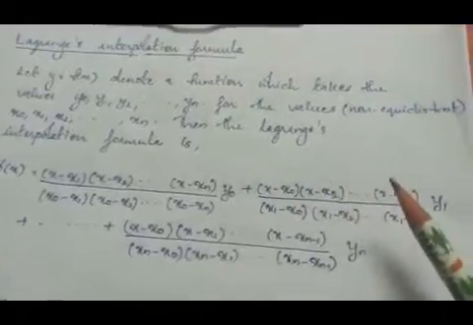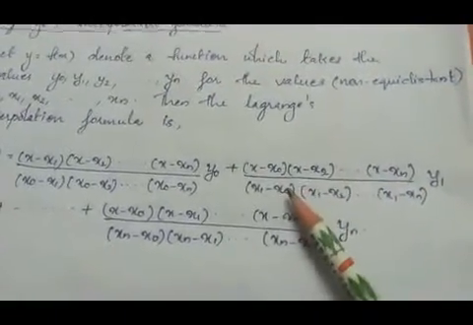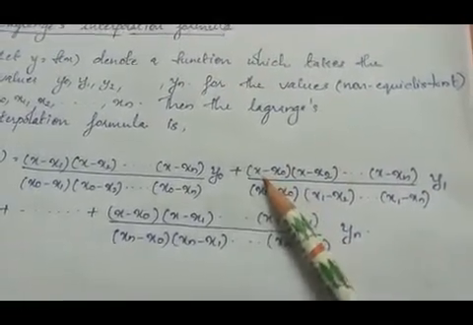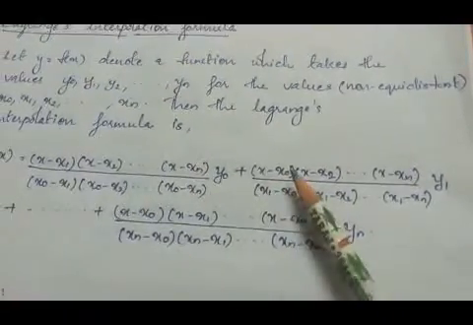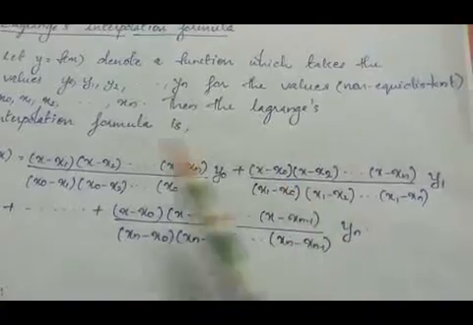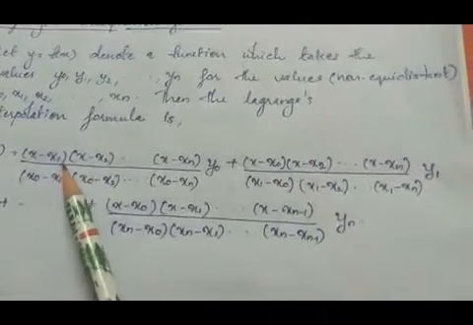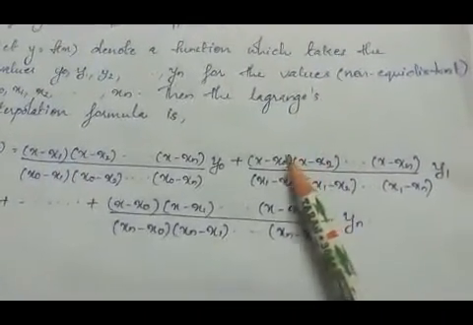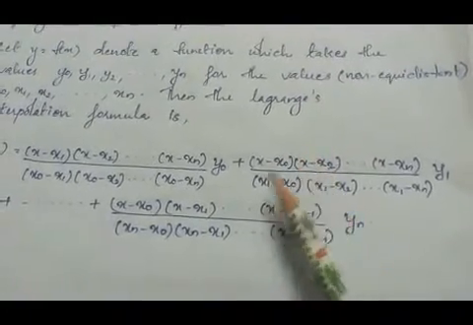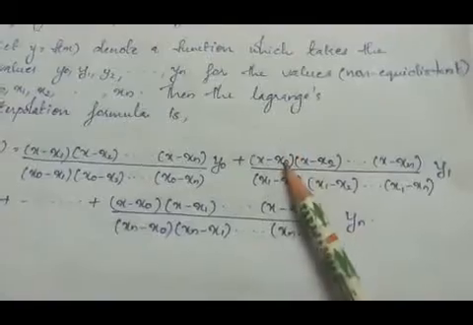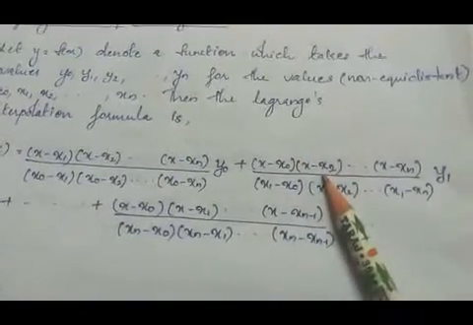Now look at the second term. In the second term you can see that in the numerator we have x minus x0. In the first term we did not have x minus x0. It started with x minus x1. Here in the second term x minus x0 is there, but x minus x1 is not there. After x0, x2 is taken, right?